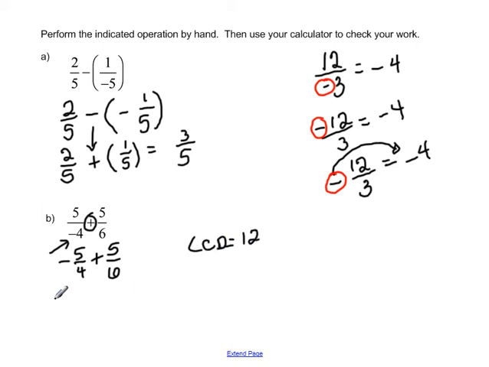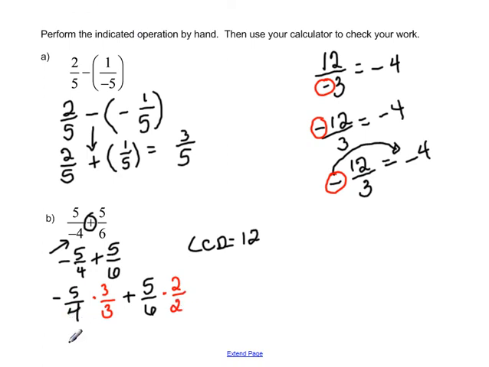So for the first one, negative 5/4, to build that to that common denominator of 12, we're going to have to multiply that by 3 over 3. And then to that, we're going to add 5/6, but we have to build it to a common denominator as well, and because the 6 would have to get multiplied by 2, we're going to multiply this by 2 over 2.